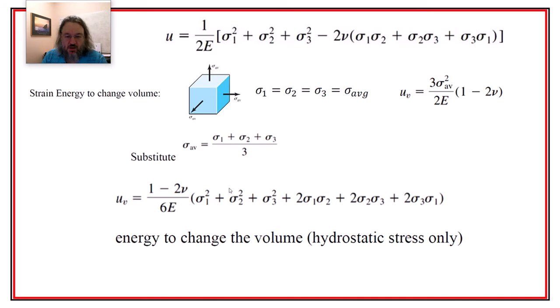So this is the energy to change the volume, hydrostatic stress only. This is the condition when they're all equal, where you only have the volume change stress. The volume change stress is right here. So this is the strain energy that's only due to the volume change.